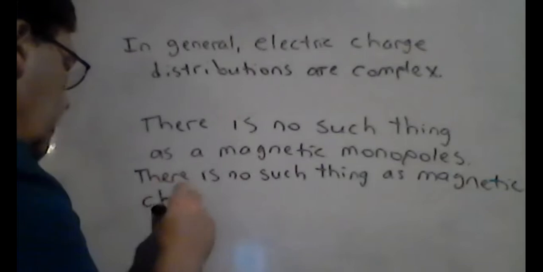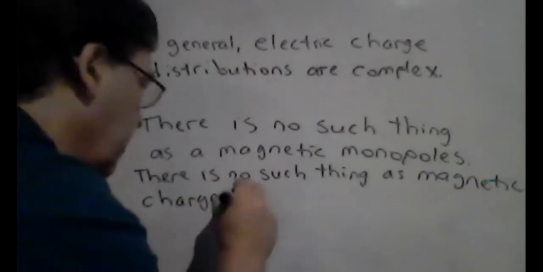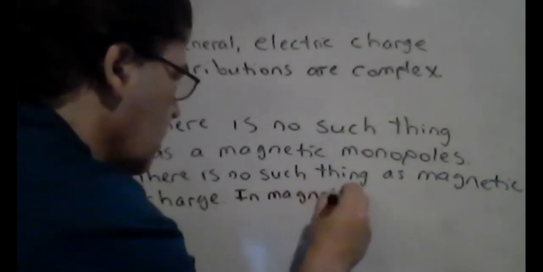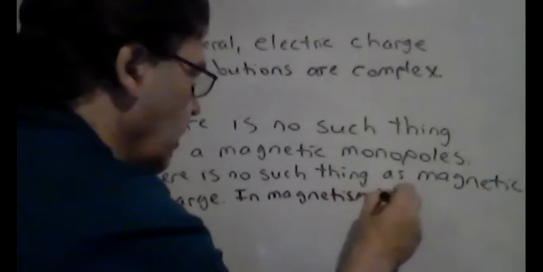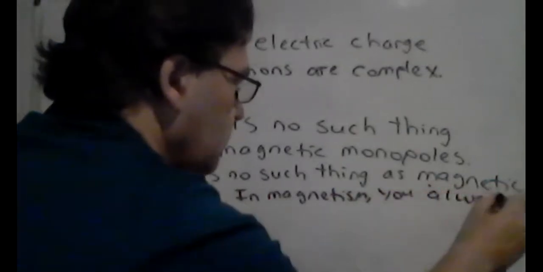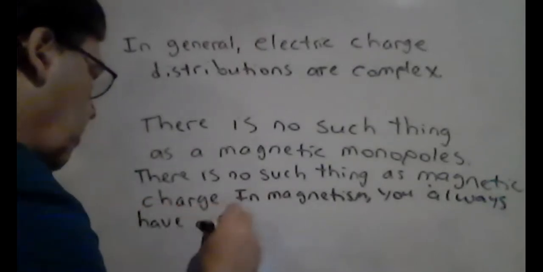We'll talk more about this when we get into, I guess, chapter 22 or so. But in magnetism, you always have a North Pole and a South Pole at a minimum.